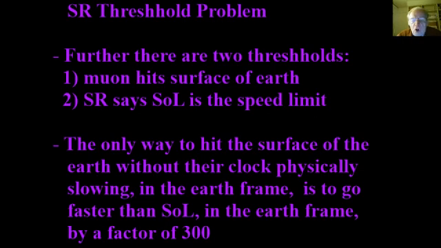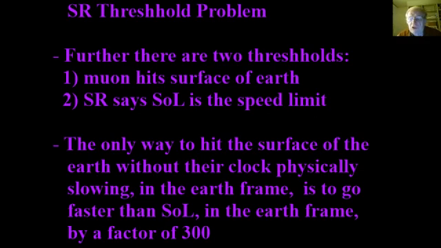So the only way for the muon to hit the surface of the Earth without its clock physically slowing in the Earth frame is to go faster than the speed of light in the Earth frame by a factor of 300. And that would violate special relativity. So those two absolute facts bound the problem and bound any rebuttals, so that special relativity has to be violated by one or the other.